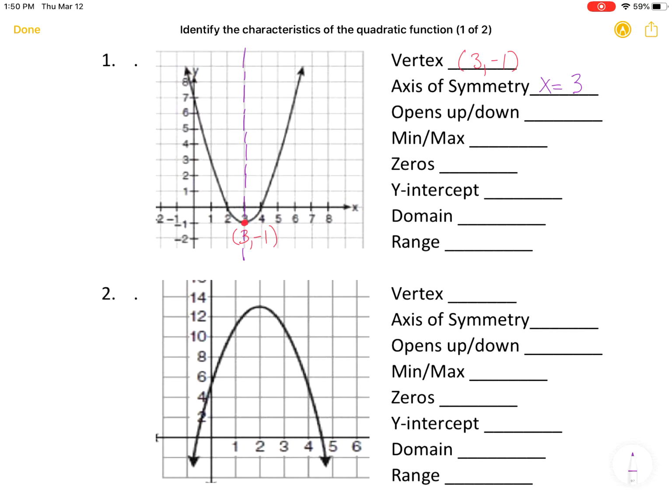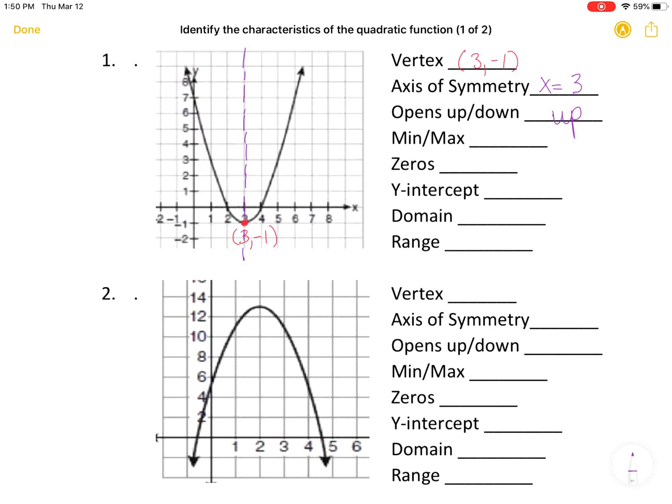All right, opens up or down. Which way is this graph opening? My ends are going up, so it opens up like a cup. That also tells me another characteristic of the graph that we'll talk about when we talk about transformations.